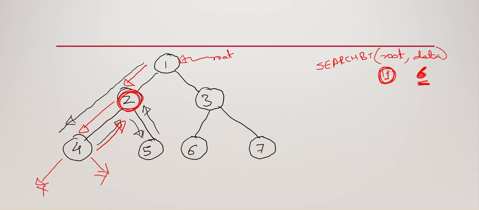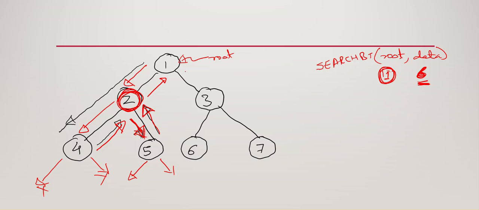Now we will go for the right child of 2, and we will compare whether 5 is the node which we are looking for. No, it is not. Then it will look at the left child of 5 and then the right child of 5, but it is not finding it. Then it will return 0, and 2 will return 0 because it could not find.